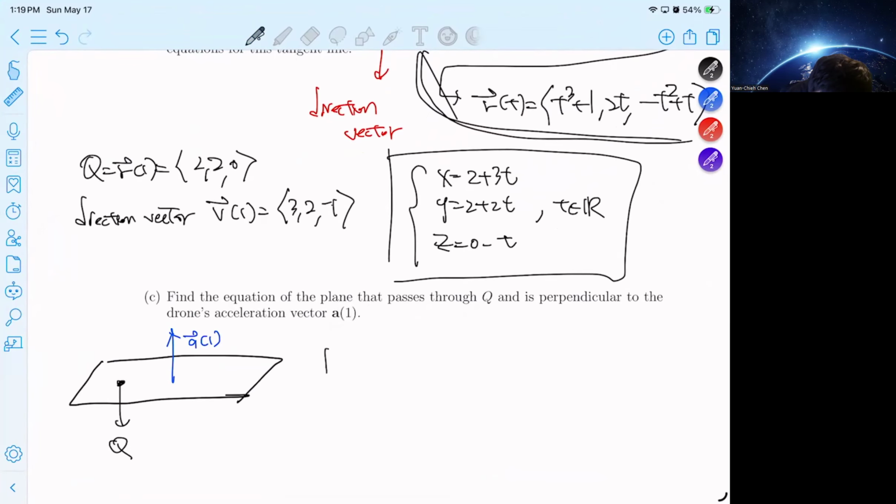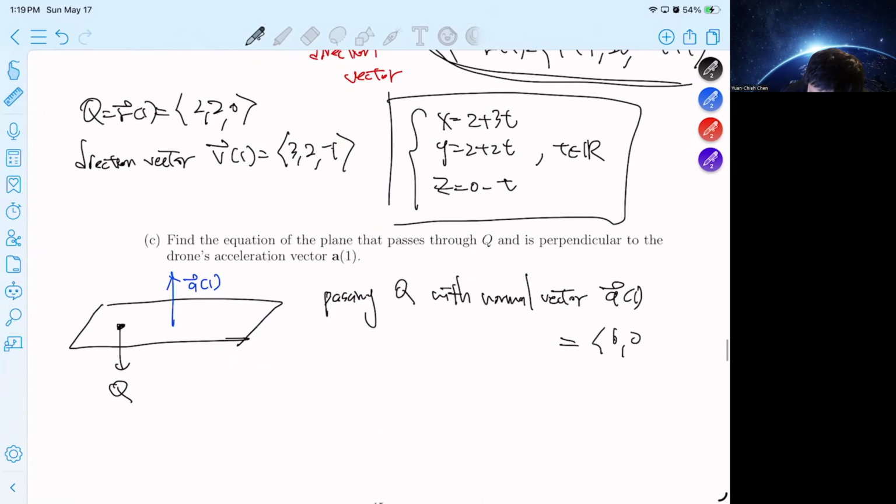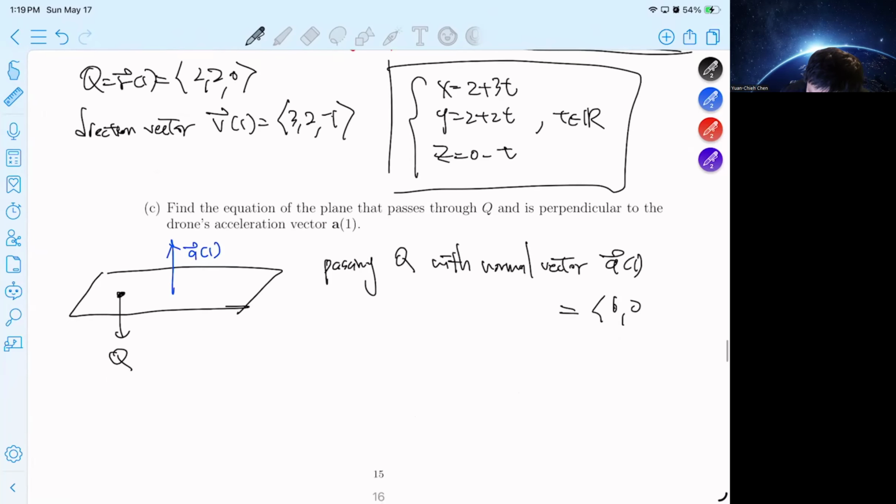So again, passing Q with normal vector A1. So again, A1 equals what? We have the equation. So it'll be (6, 0, negative 2). And Q we already have, so it's (2, 2, 0). So passing (2, 2, 0) with normal vector (6, 0, negative 2).